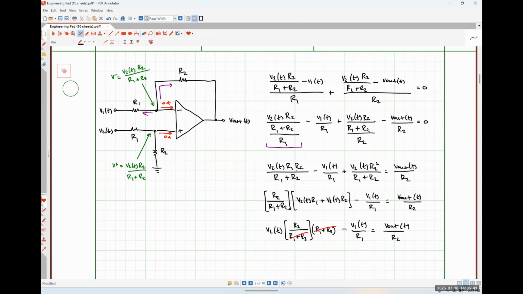Pulled out R2 over R1 plus R2, leaving behind V2 times R1 plus V2 times R2. Left that guy alone, left that guy alone. Pulled the R1 plus R2.